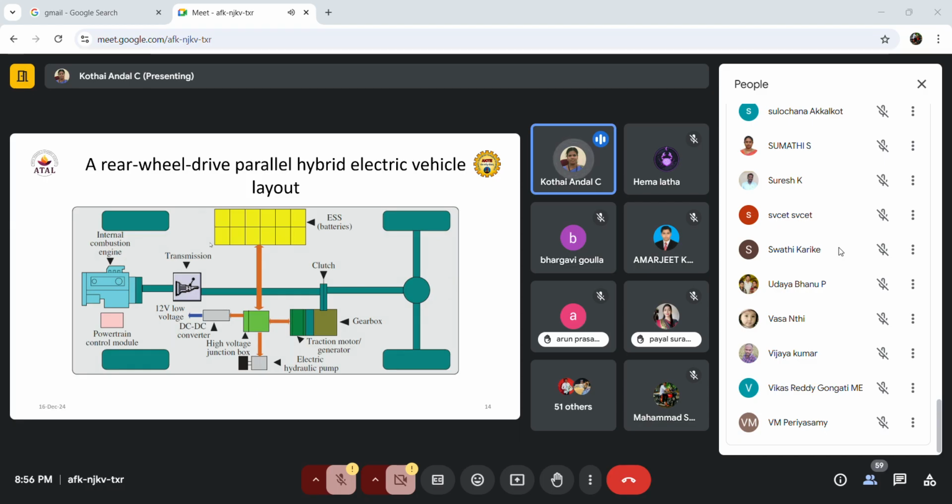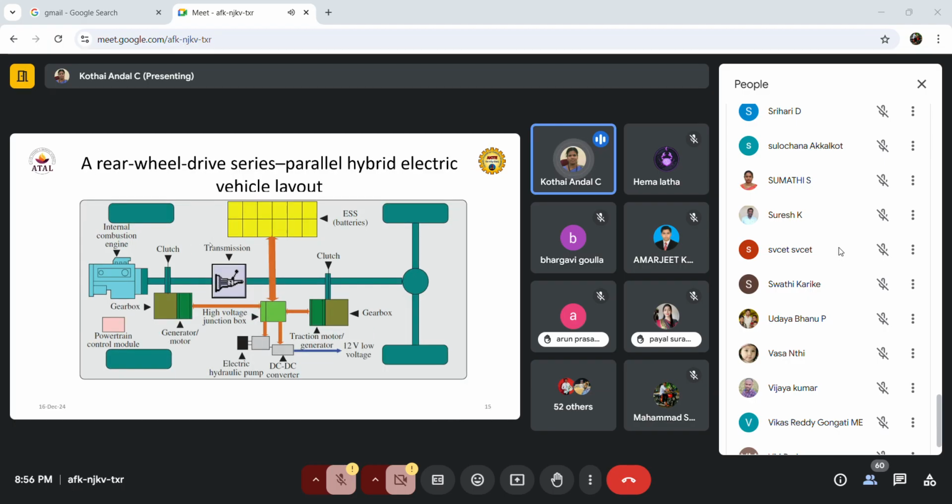But in the parallel hybrid electric vehicle, it is either IC engine, or battery, or a combination of both. This type of parallel hybrid electric vehicle is nowadays becoming more popular. We see this type in heavy trucks and similar vehicles, where this mode is now operated.